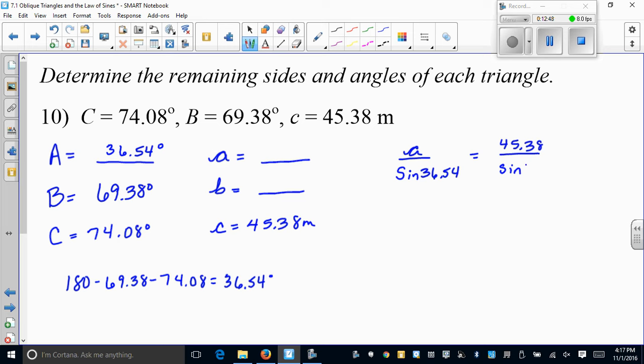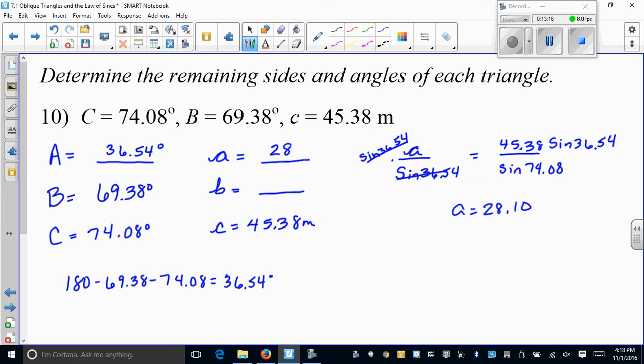Multiply both sides by sine of 36.54. These cancel out, and we're left with A equals all of this. We throw that into the calculator, and A comes out to be 28.10. And don't forget the millimeters.